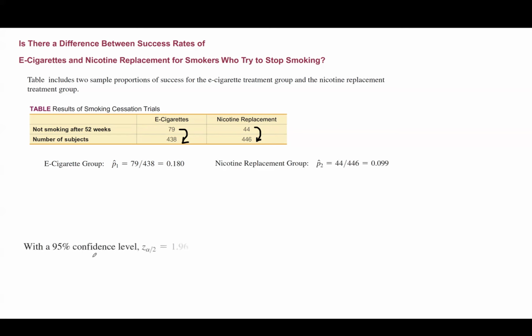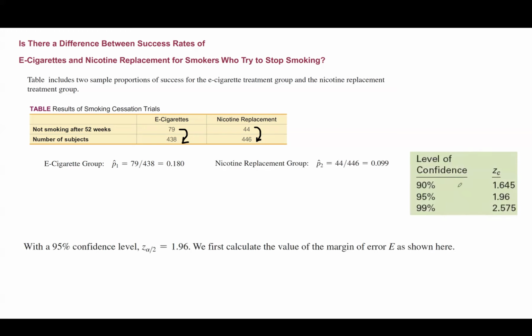With a 95% confidence level, as you remember, the critical value is 1.96. For those of you who forgot, if you have a 95% level of confidence, the critical value is 1.96.